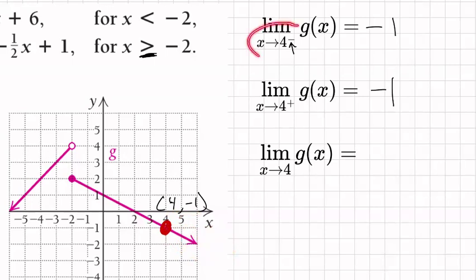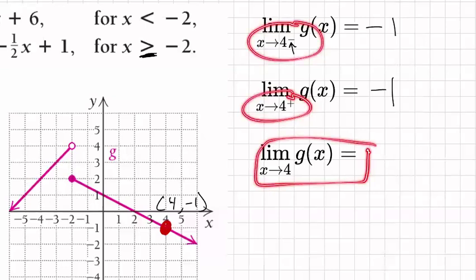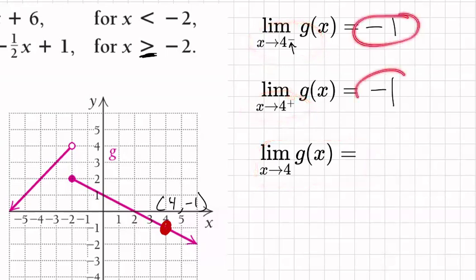Once we have the picture from both the left-hand side and right-hand side, we can then discuss what happens at 4. The nice thing is that these are both pointing to the same place. So that means the limit as x approaches 4 is going to be -1.